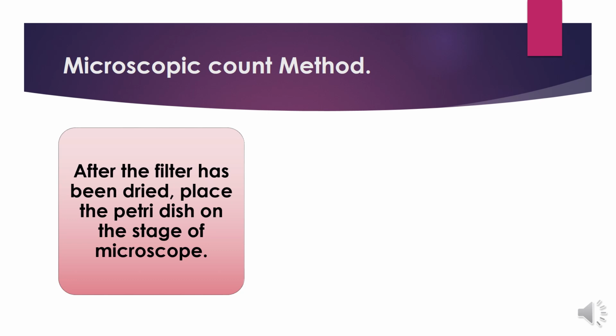After the filter has been dried, place the petri dish on the stage of the microscope. So first of all you have taken the filter paper, you have taken the sample, you have filtered, then you have to dry the filter paper. Once that is dried you have to place that filter paper in the petri dish on the stage of the microscope for further analysis.